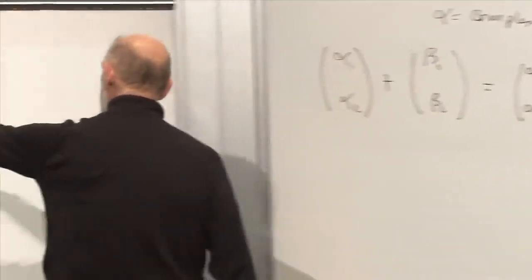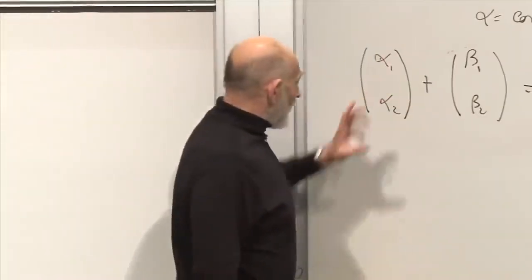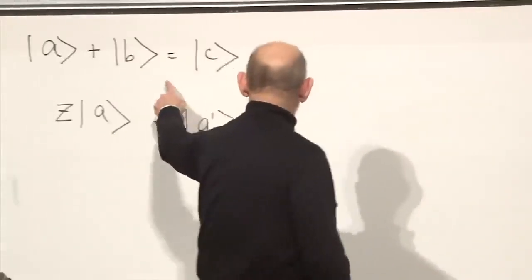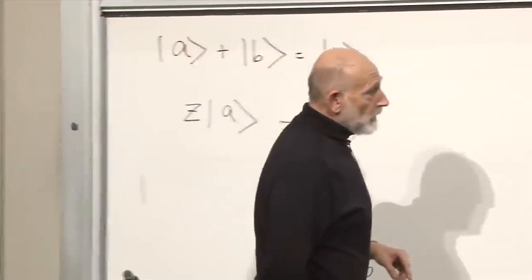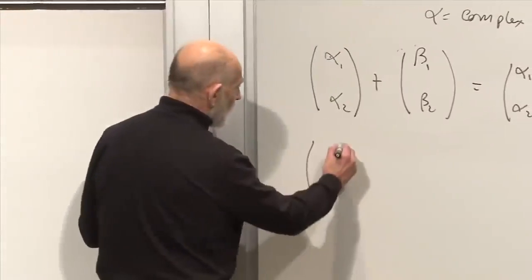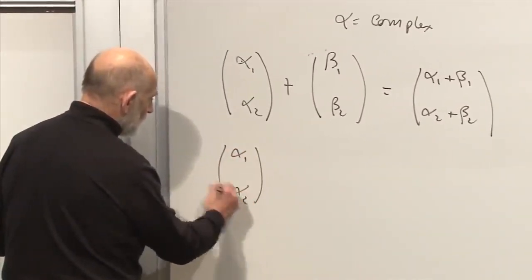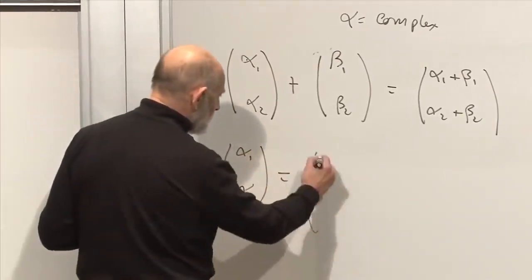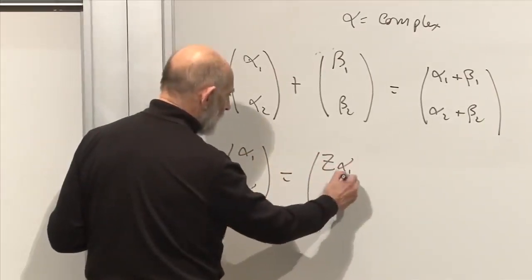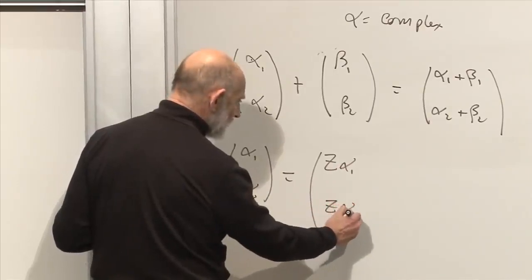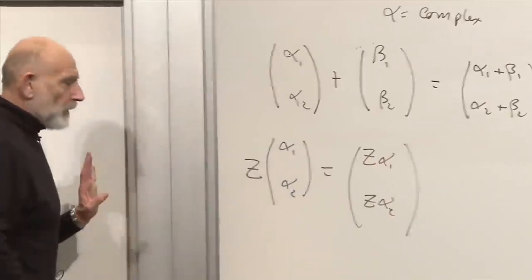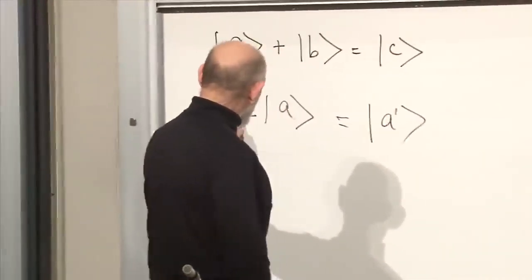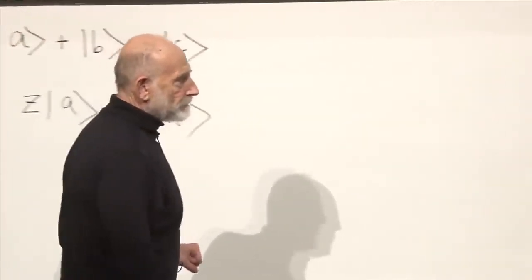So column vectors like this, little columns of two entries, satisfy the first rule. And the second rule is that if you want to take a column and multiply it by a complex number, all you do is multiply each entry separately by the complex number, and you construct something which is just z times that.